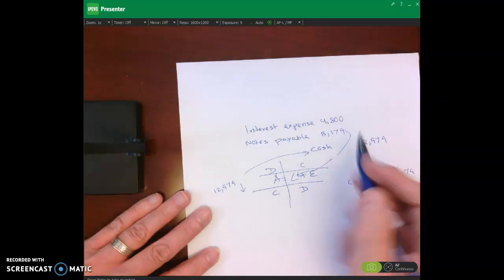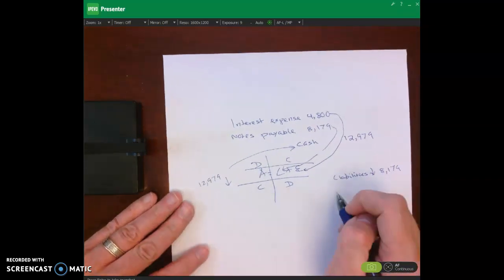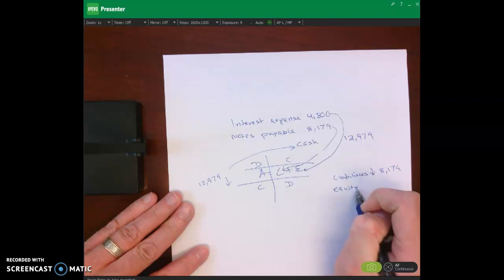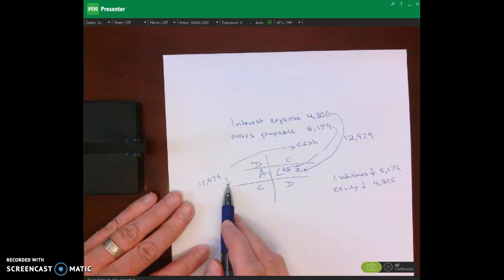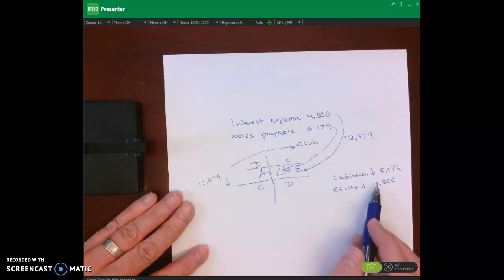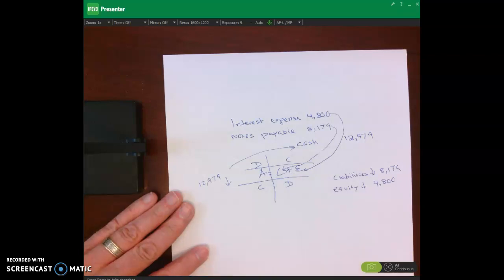And then this is an expense that negatively affects equity. Remember, the E stands for equity. Expenses go up, equity goes down. Equity decreases by $4,800. This side went down by the $12,979. This side, when you add these two, $12,979, the accounting equation stays in balance, okay?